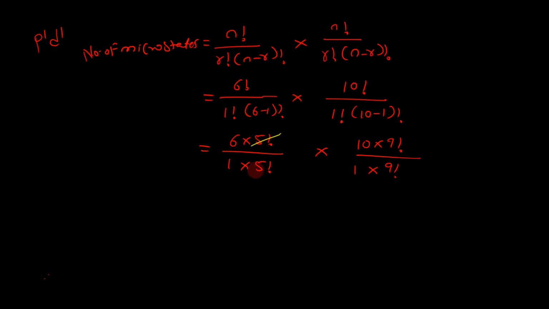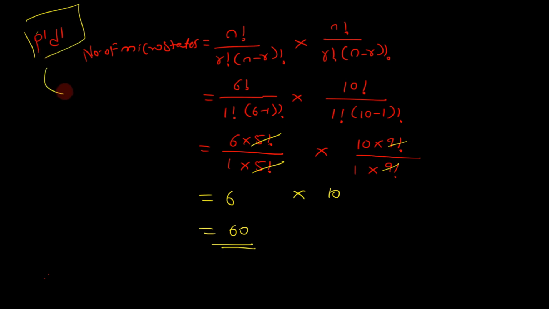So the 5 factorial cancels, and the 9 factorial cancels. We get 6 multiplied by 10, so the answer is 60. The number of macrostates for P1 and D1 is 60.